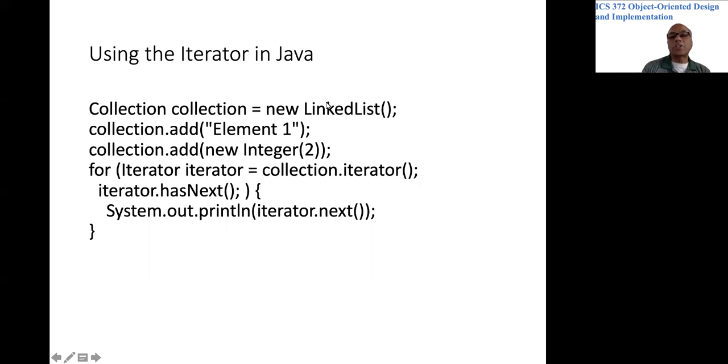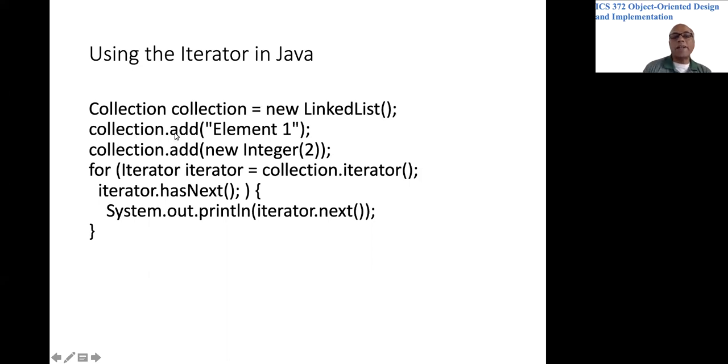Many collections, I suppose probably every one of them in java.util implements this interface. I'm not entirely sure about that, but I suppose most of them would be implementing this collection interface. So new LinkedList is a specific collection that stores objects in the form of a linked list. And I call it collection.